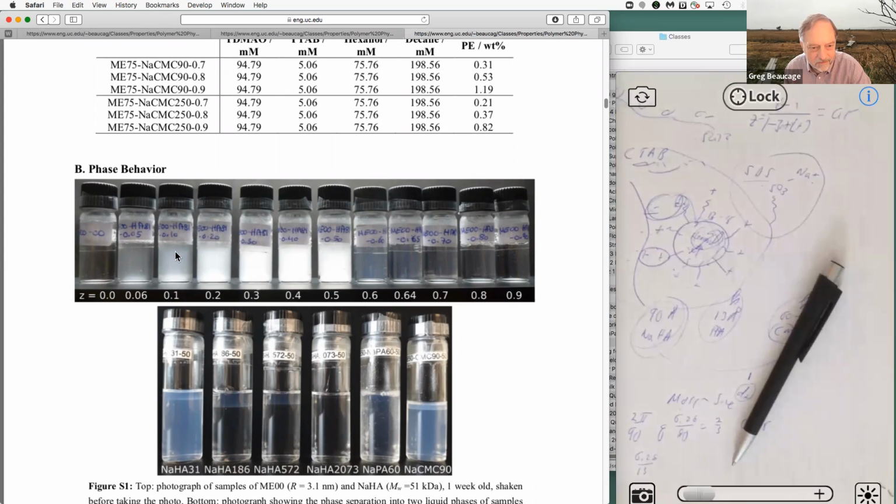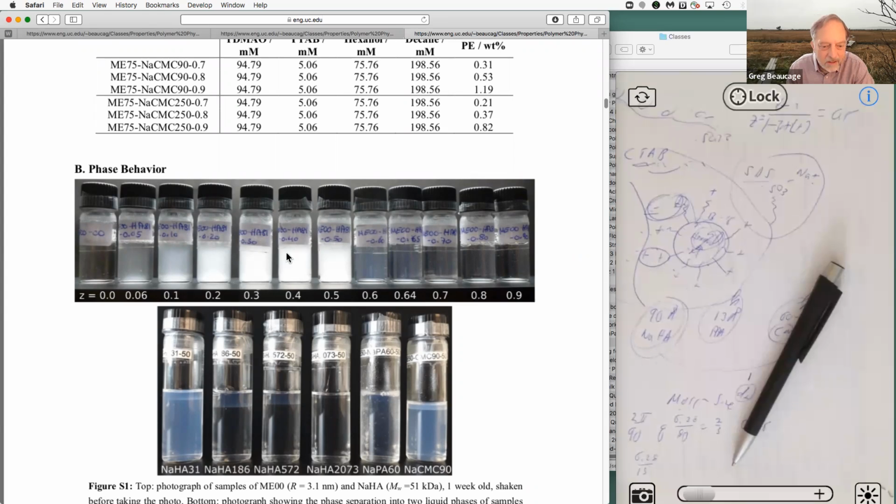So basically, in this case, when he has either carboxymethylcellulose or the hyaluronic acid, he gets a gel. Like this forms a gel. And if he uses the, oh, these are two different molecular weights. So the hyaluronic 84 kilodaltons, and then this is hyaluronic acid with some other molecular weight at the bottom.